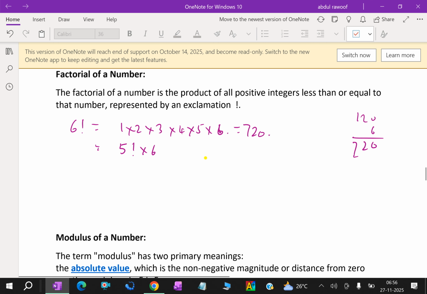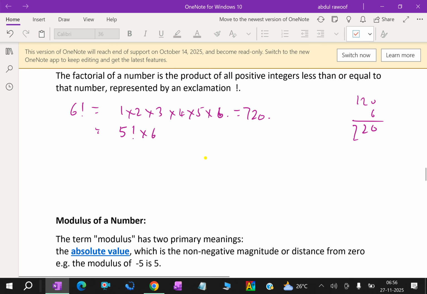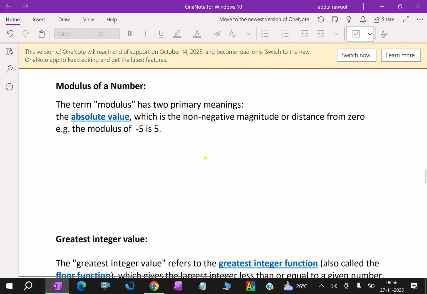Now next one, the modulus of a number. In general, modulus has two primary meanings. First meaning is the absolute value, which is the non-negative magnitude or distance from 0. For example, modulus of minus 5 equals 5, which means minus 5 can be considered as a negative distance from 0 to the left side of the graph.